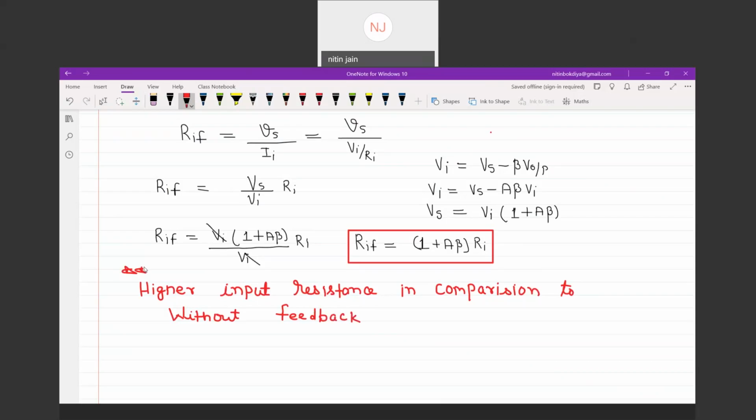So this is the idea for the circuit, and this is how feedback is helping us to achieve what we want.